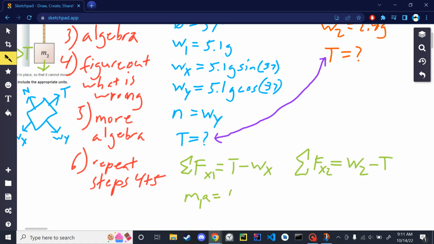Oh my gosh, I'm losing it. I think I already did this method. Or did I not do this method?